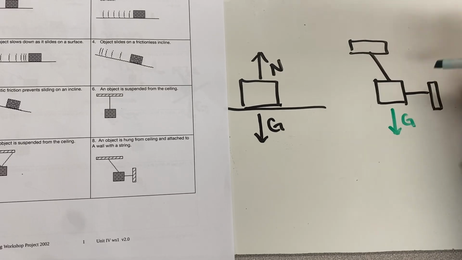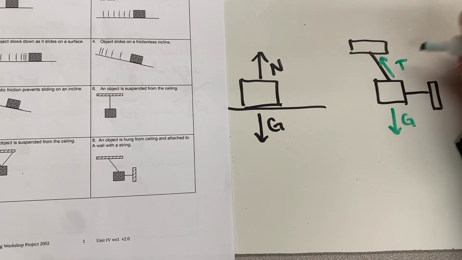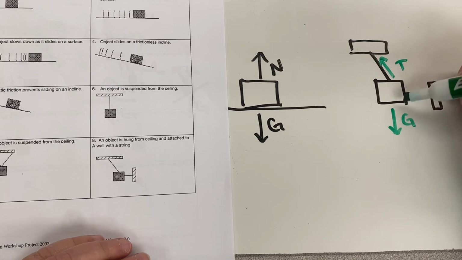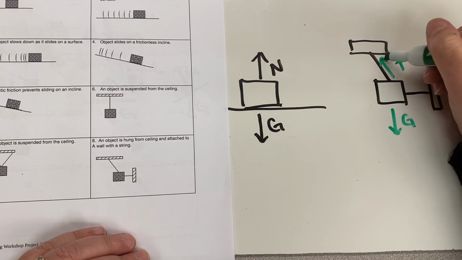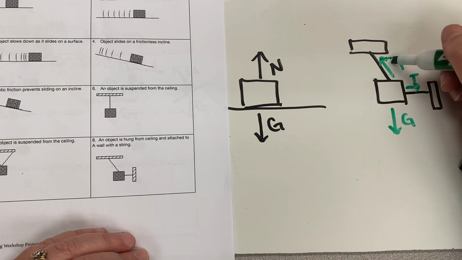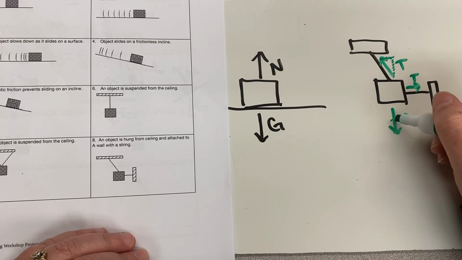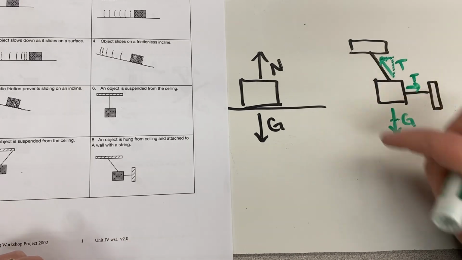This is going to be a tension force this way. Now, in order to keep this from moving, the leftward part of this tension has to be the same as the rightward part of this tension, okay? And then the upward part of this tension has to be equal to the downward of gravity. So then they all end up canceling out.